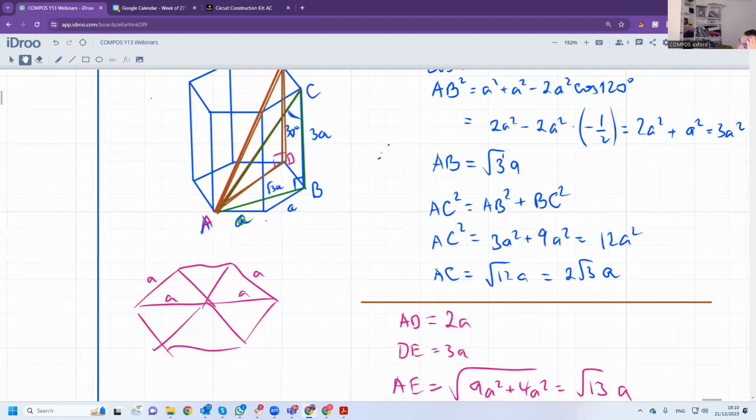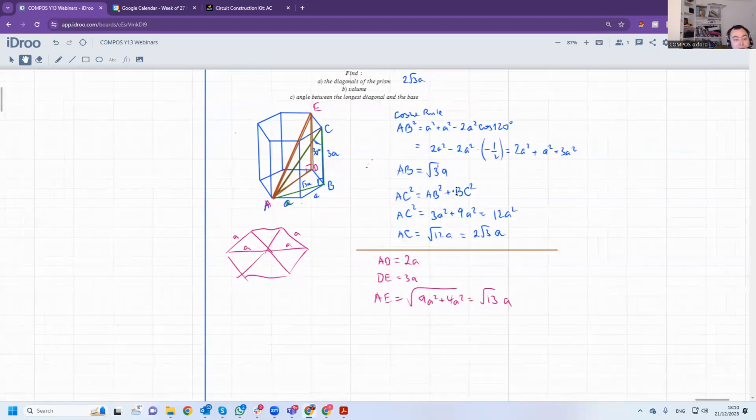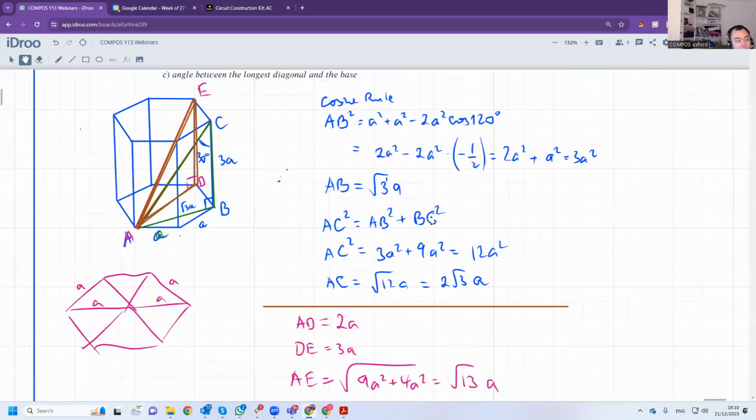So look, the basic thing that you need to understand is that all you need to do is find a triangle and apply trig and apply the Pythagoras theorem.